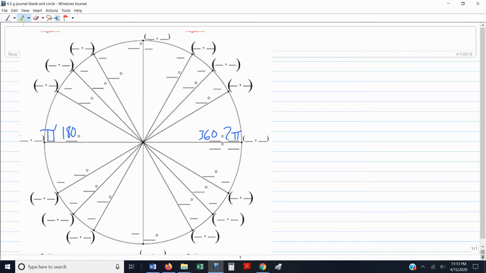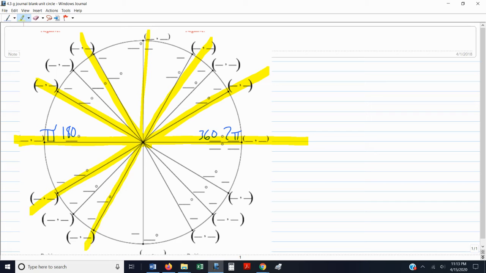So first, I want to talk about when we went around the unit circle in 30 degrees. So we had 30, this was 60, 90, 120, 150, 180, 210, 240, 270, 300, 330, 360.